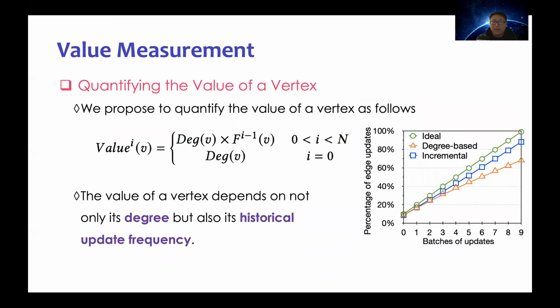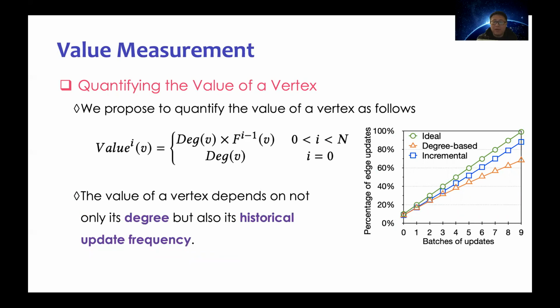A direct approach is to predict using the vertex degree. However, as shown in the right figure, the accuracy gap between the degree-based approach and the ideal case becomes bigger as the update batches are processed.